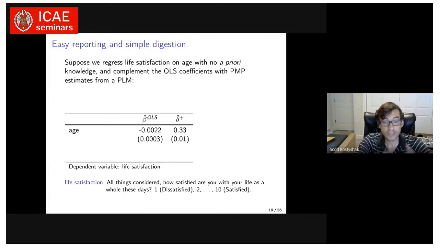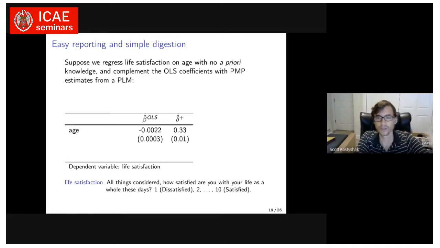Now, immediately you can see that PMP is useful here. It comes back as 0.33, which means that the relationship is only increasing over 33% of the observed range, and so that means it's decreasing over a lot. In other words, it tells us right away our functional form for OLS is not correct.